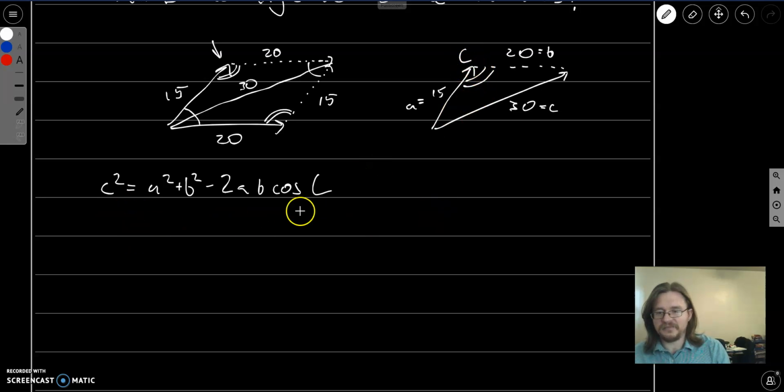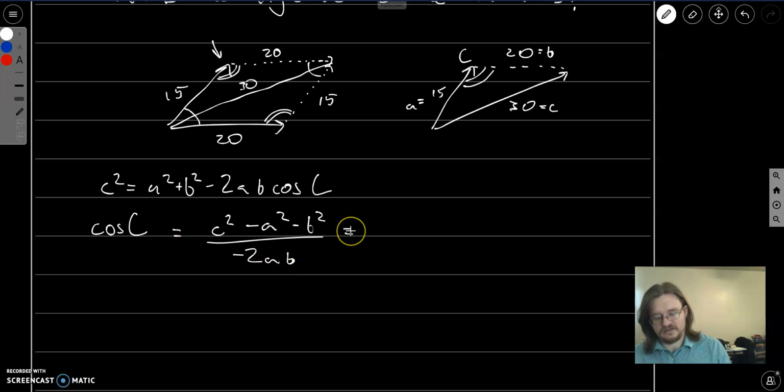So if I try to solve for the cosine of C, just like I did before, maybe I'll skip some of those steps. It's going to be C squared minus A squared minus B squared, so moving the A and the B to the other side. And then I have to divide by negative 2AB. So let's come back to Desmos.